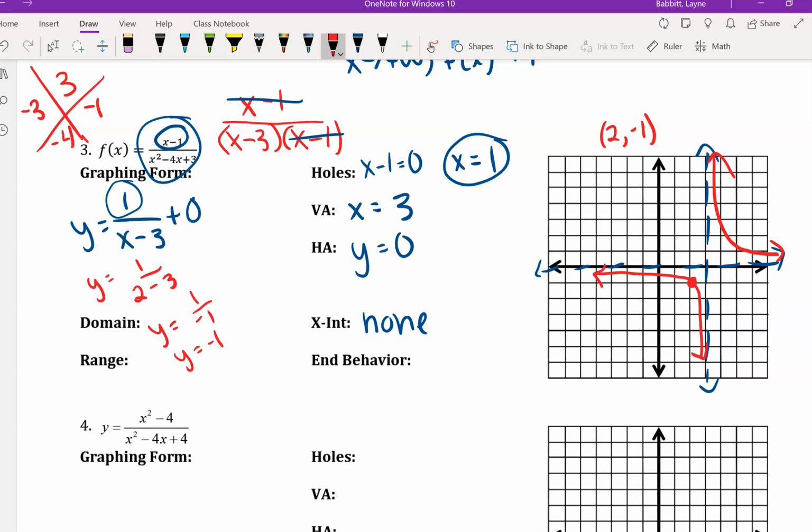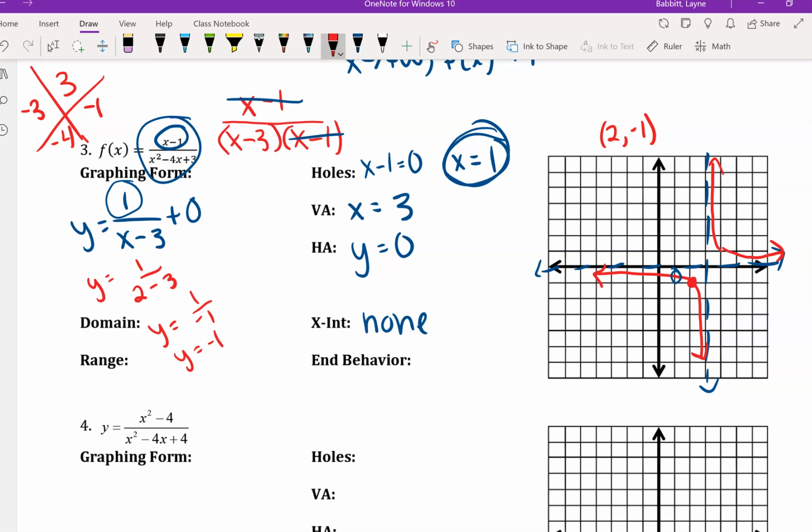And then I'm supposed to have a hole located at 1. So I'm going to go to where x is 1, either straight up or straight down to meet the curve, and put a hole there. So that's the hole. It's just going to be an open circle. And then I'm just going to resketch this graph a little bit so that it's nice and close, just like my other curve again.